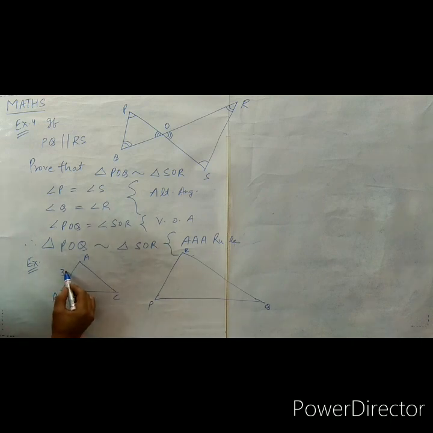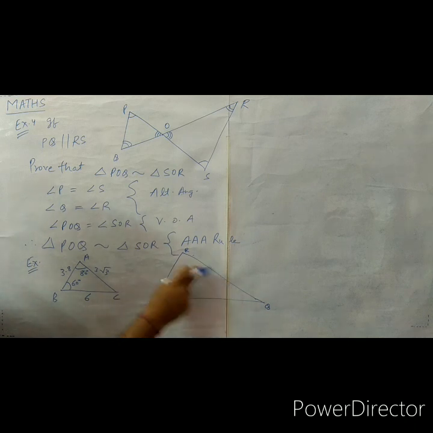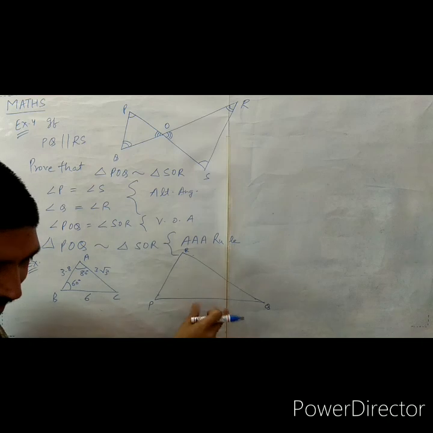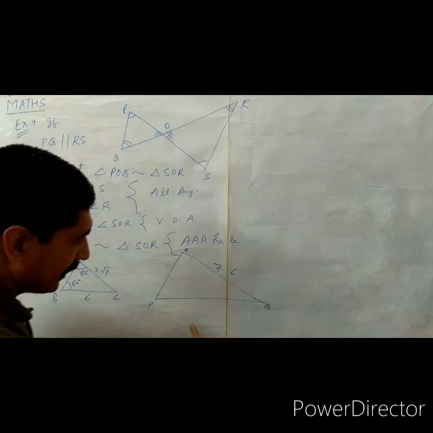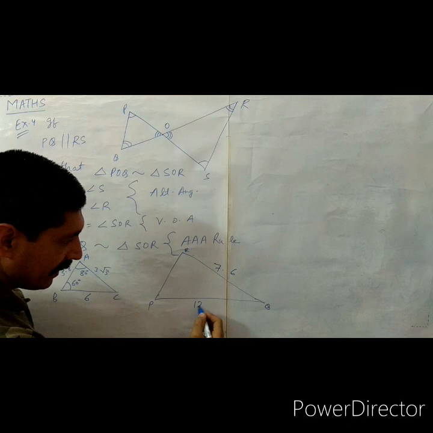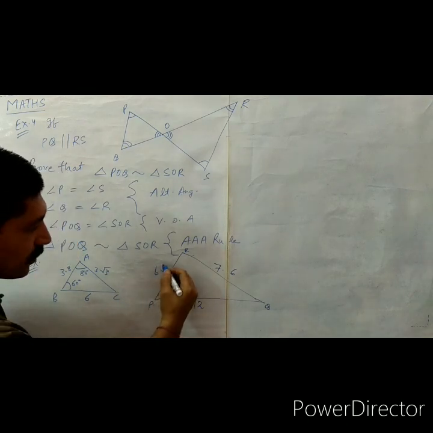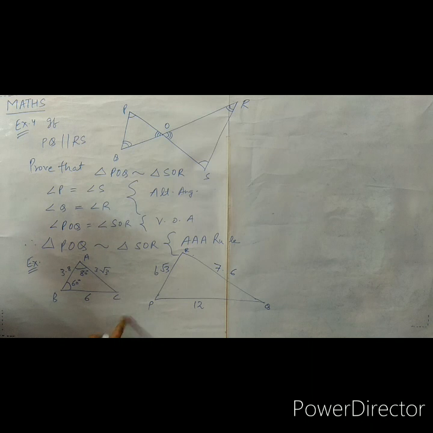This side is 3.8, this side is 3 root 3, and the angles are also given: one angle is 80 degrees and this is 60 degrees, and the third side is 6. In the other triangle no angle is given but the sides are given: 7.6, 12, and 6 root 3. So here we have to find angle P.